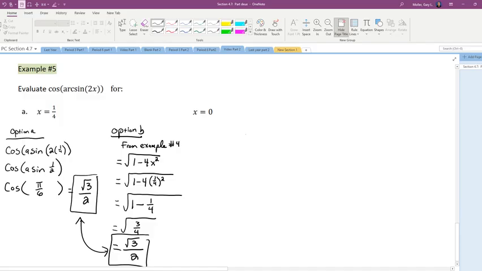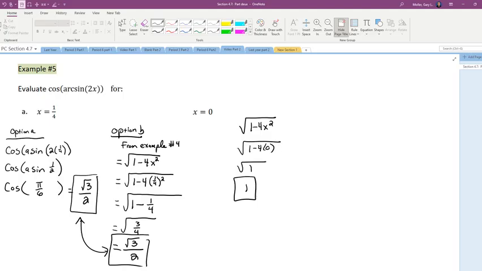So I can just answer this question by plugging in x, because we already did it algebraically. So I plug in 0, and I get the square root of 1 minus 4 times 0. I get the square root of 1. I get 1. Or we could do it like option A, and we plug in 0 to this question, right? So we plug in 0, we would have the cosine of the arcsine of 2 times 0, which is 0.